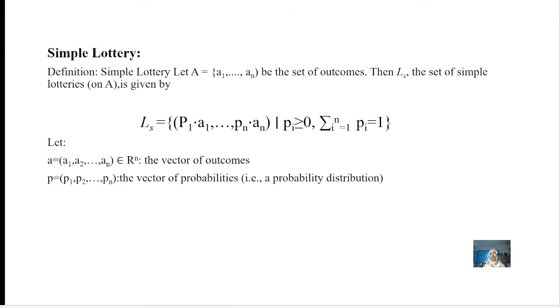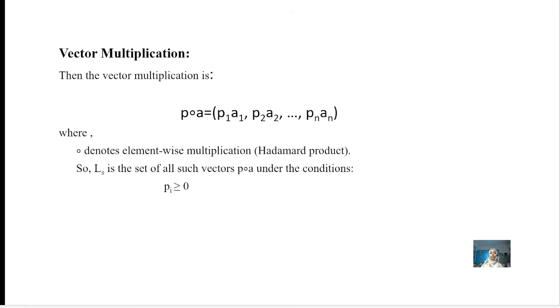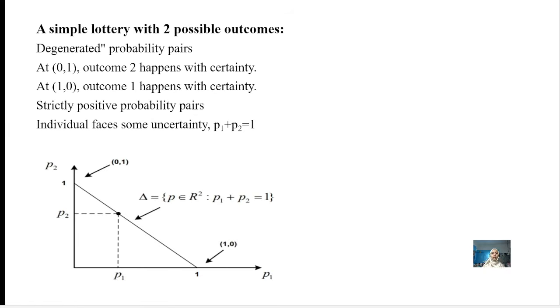Here Pi greater than 0 means the probability will be greater than 0, and the summation of Pi, the summation of all probabilities, equals 1. Here A equals the vector of outcomes, and P means the vector of probabilities. Vector multiplication means element-wise multiplication, and then we can see the graphical representation of simple lotteries.